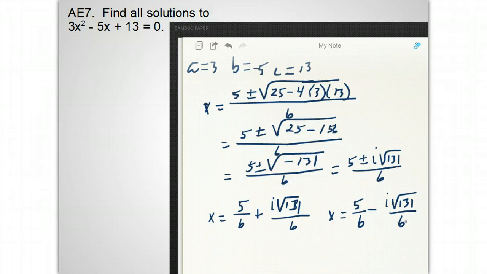Those are our two solutions. They are complex numbers, and I don't know if you noticed or not, but they are complex conjugates. We've got a plus bi, a minus bi.